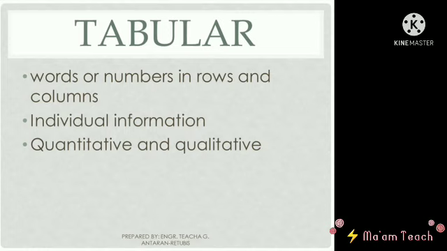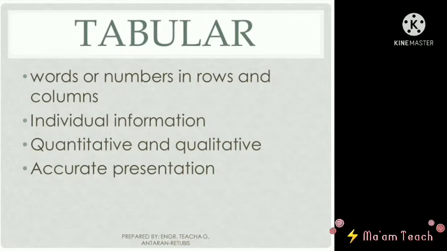Now, the advantage, class, of a table is that it accurately presents information that cannot be presented by a graph. When I say accurate, when it comes to numbers, what can you observe in graphs? When you use graphs or even charts, the percents are whole numbers, right?